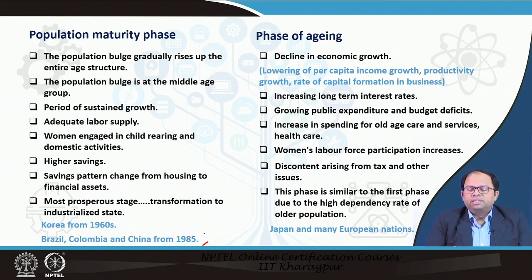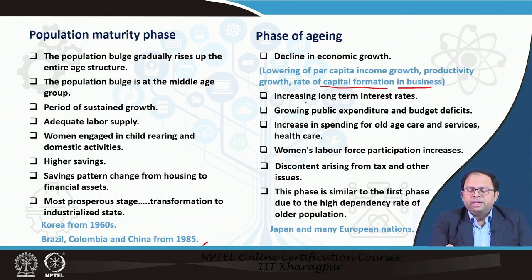So then comes the phase of aging, where there is decline in economic growth because of lowering of per capita income growth, because people have aged, so they cannot actively participate in the workforce, and so productivity growth is now low. Rate of capital formation in business is also lower.